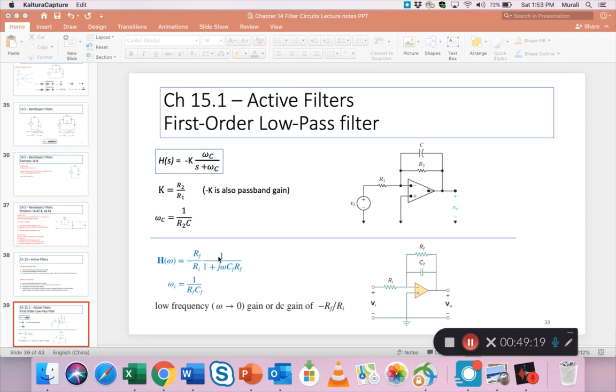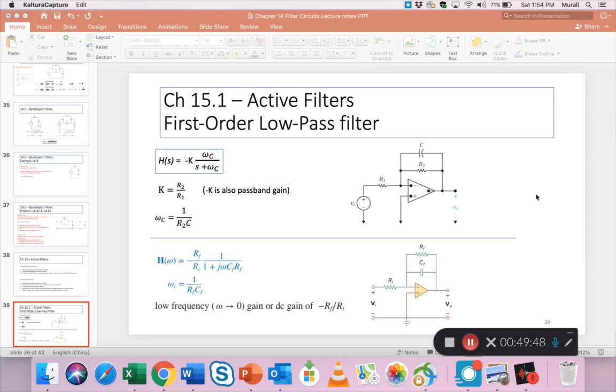One last thing, the low frequency gain, that means as omega becomes 0, or as we are moving to DC, the gain is just minus RF by RI. But as the frequency starts to increase, you will have slight changes in gain, but until you hit the cutoff, you're okay. You do have good gain. And how do you get that? You can use this formula.